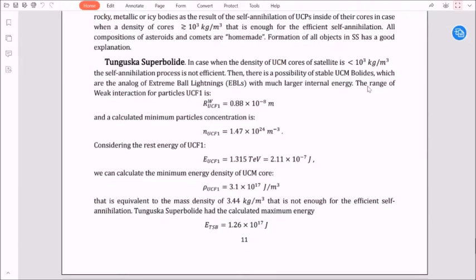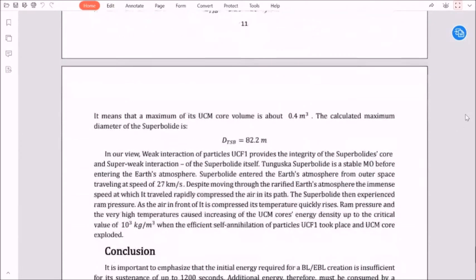Tunguska superbolide has the calculated maximum energy of about 10 to the power 17 joules. It means that the maximum of its UCM core volume is only about 0.4 cubic meters. The calculated maximum diameter of the superbolide is 482.2 meters.